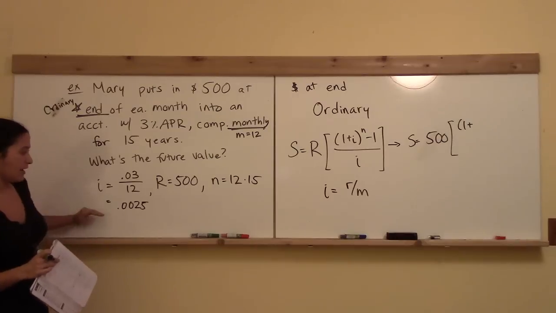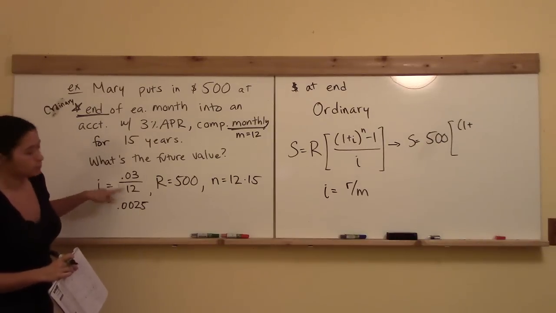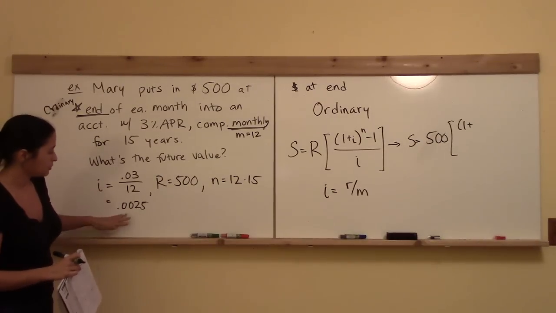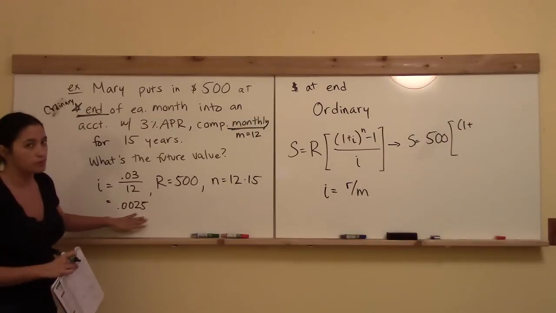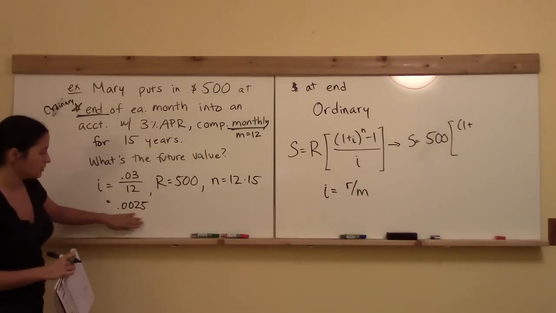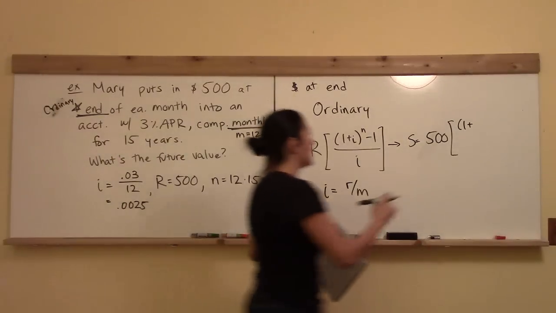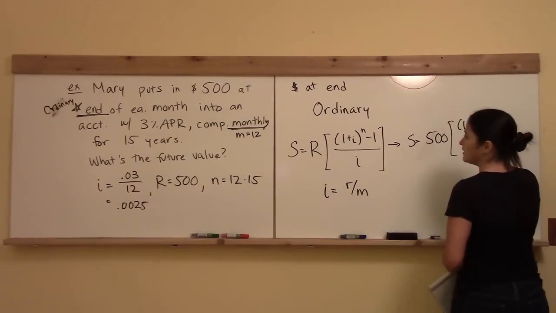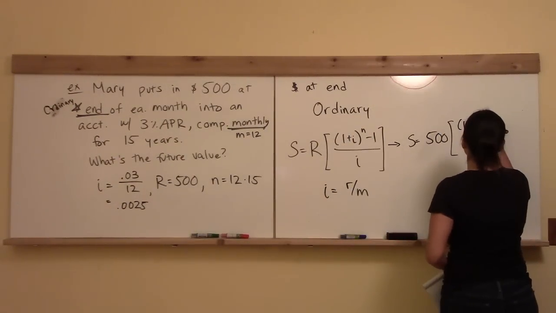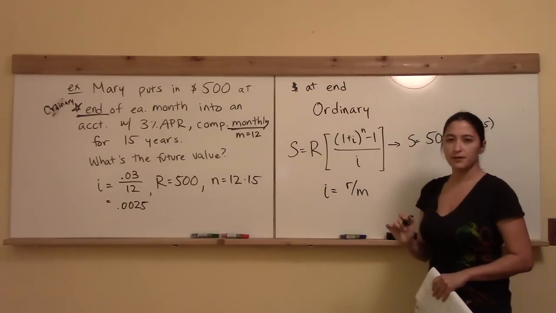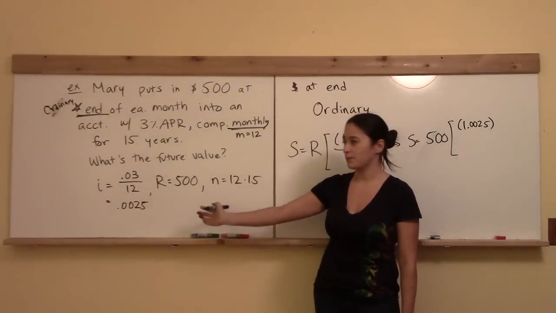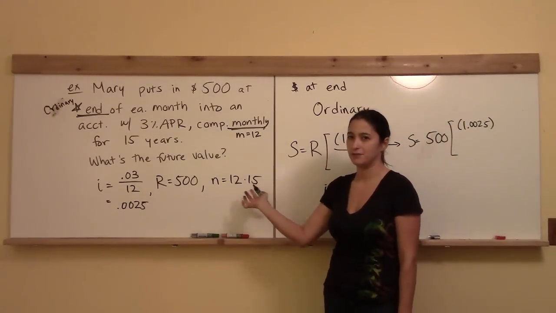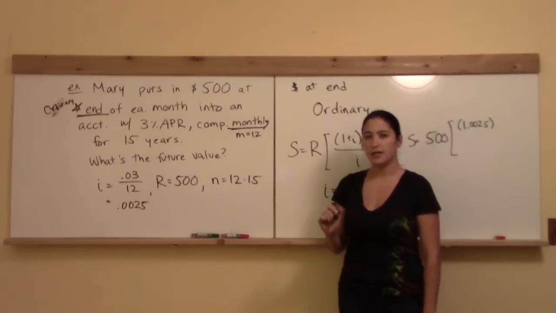If your I, after you divide your annual rate by the compounding periods, is a decimal that's not repeating, that doesn't go on forever, then feel free to take that and just add it to one right here, make it a little bit simpler for yourself, just like that. Okay, if you get a repeating decimal like 0.00833333, something like that, then you cannot do that.